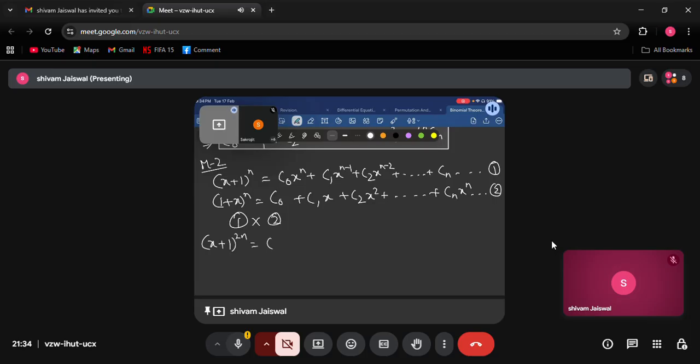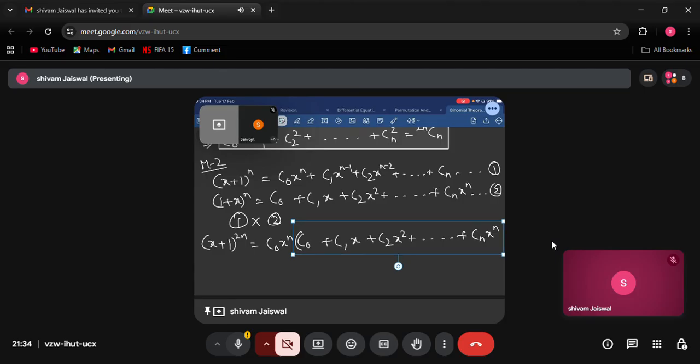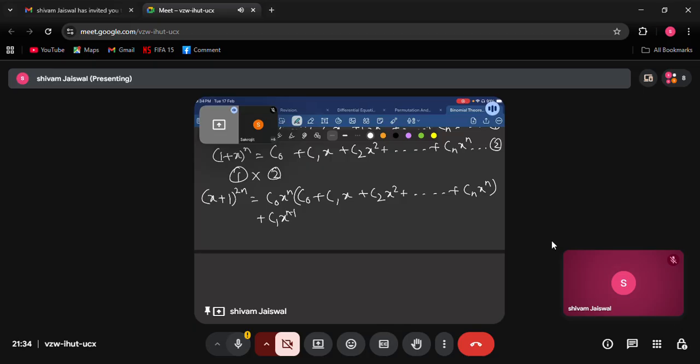This will be equal to C0 x to the power n within brackets, this whole thing, plus C1 x to the power n minus 1 within brackets, this whole thing, plus C2 x to the power n minus 2 within brackets, this whole thing.